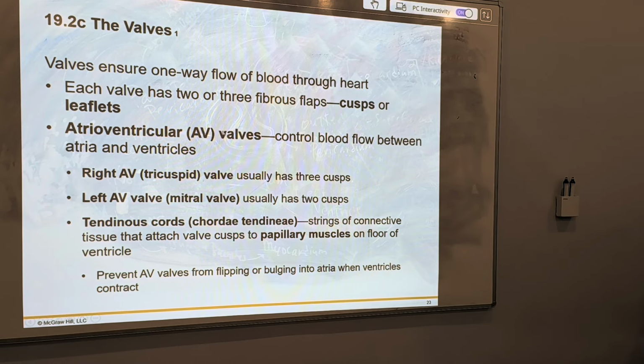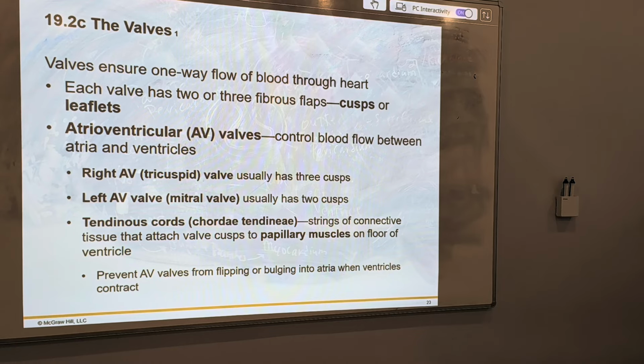You need to know what atrioventricular valves mean. Atrioventricular valves are valves that control flow between the atria and the ventricles. The right atrioventricular valve is known as the tricuspid valve. Every single valve in the heart is tricuspid, except one valve that is bicuspid.